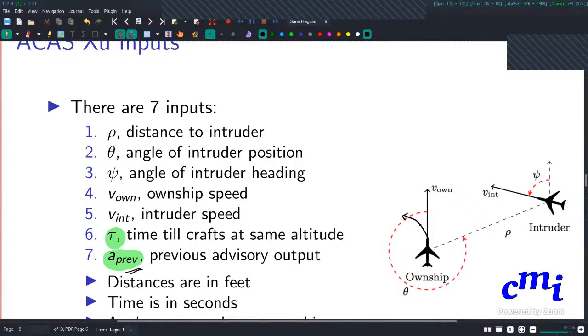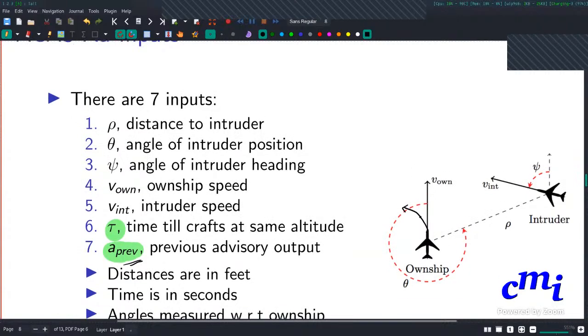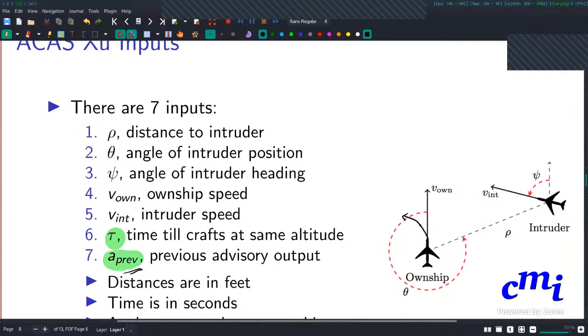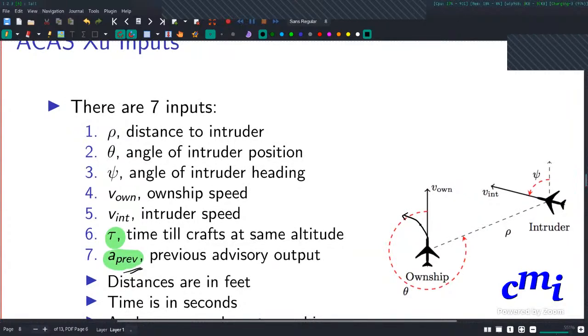So it can, in some sense, see what the previous output was and base its decision on that. In that sense, there is a feedback loop involved. But whether or not we want to take that into account when we are trying to formulate and verify properties is a different question.